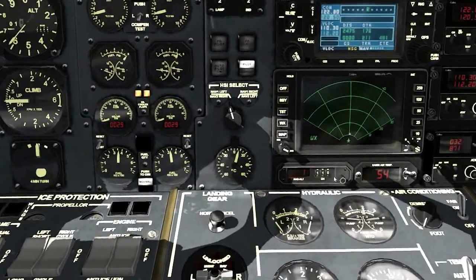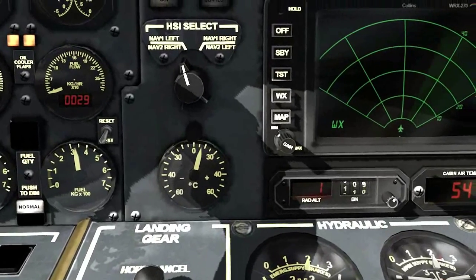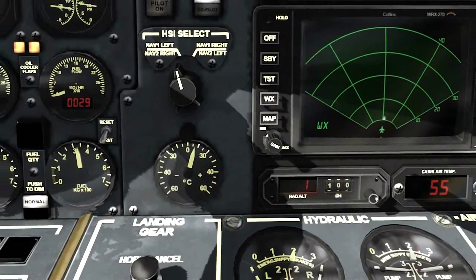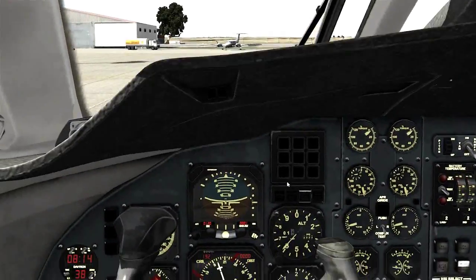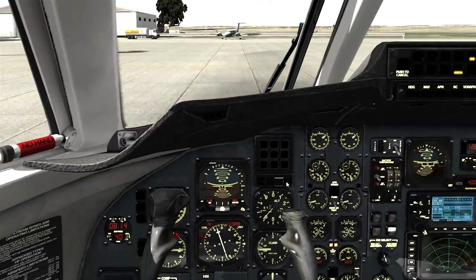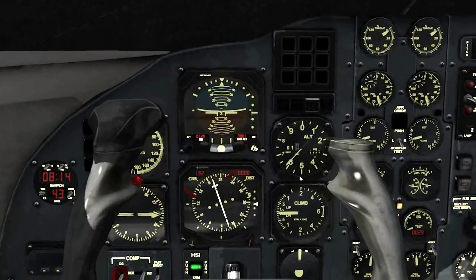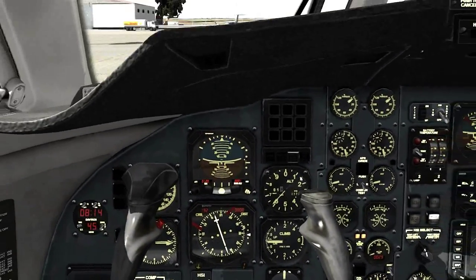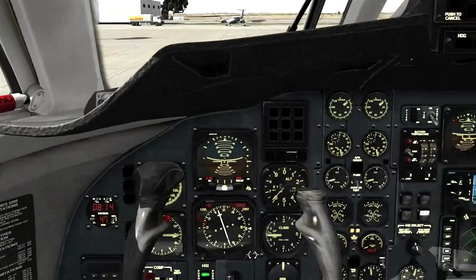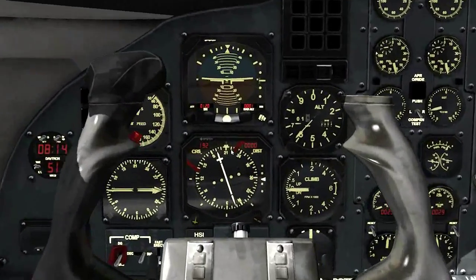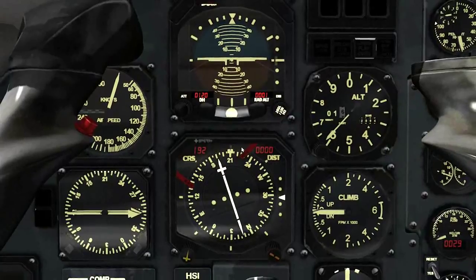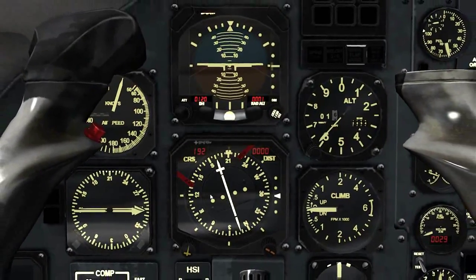Somebody asked me if decision height is changed between 10 numbers. This is changed in X-Plane 10. In X-Plane 9 you can choose between tens numbers. Okay, we have here to set the heading back. We have these flags because we don't have any type of navigation tuned.